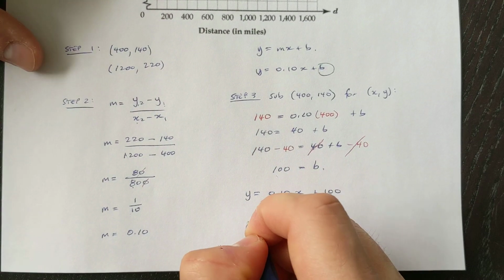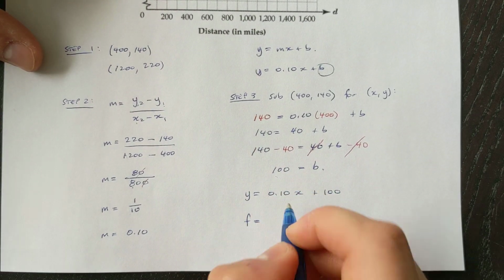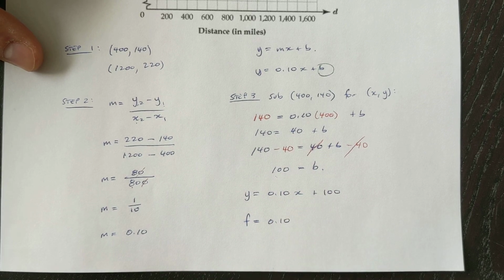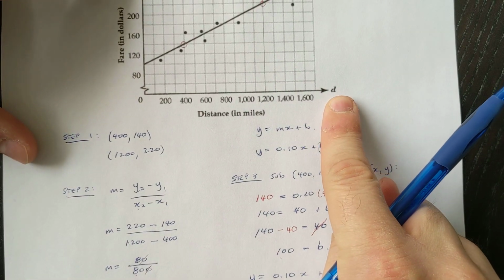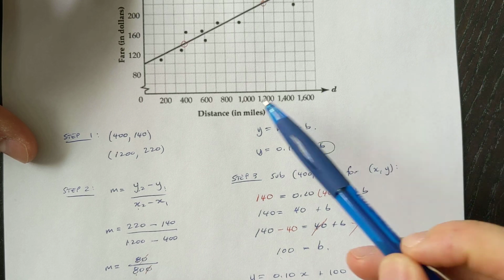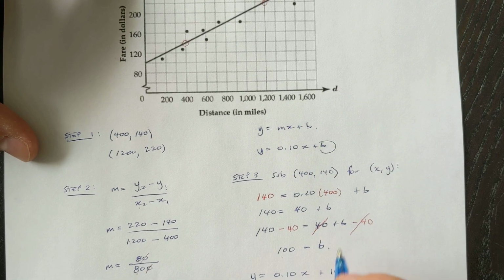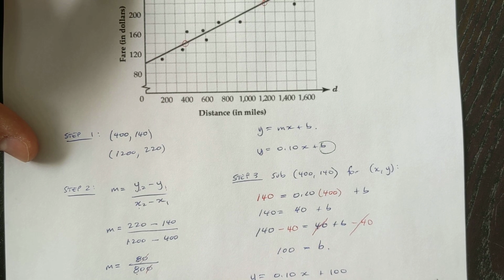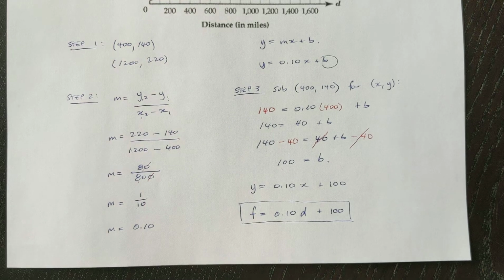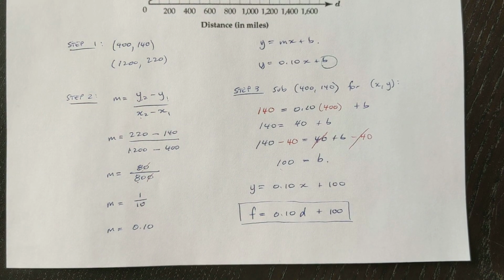So instead of y, I will write f is equal to 0.10, and the x-axis here is given as distance, so lowercase d, plus 100, and that is the equation of my line of best fit.